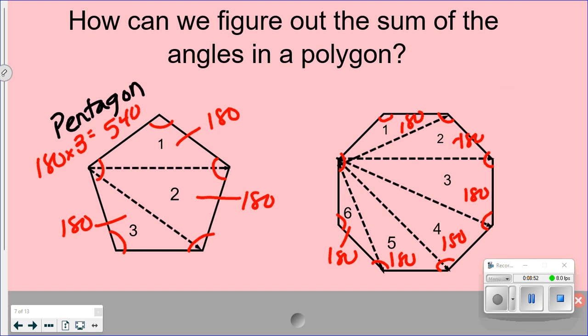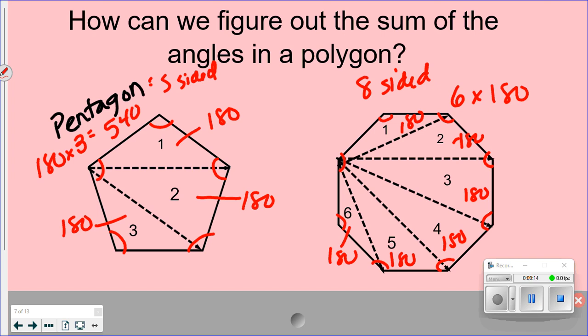So there's actually a formula that you can use for any type of polygon. And if you think about it, I bet you can get it. This was a 5-sided figure, and I multiplied 180 by 3. And this was an 8-sided figure, and I multiplied 6 by 180.